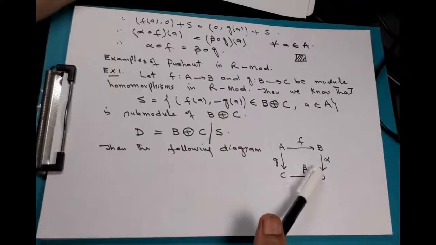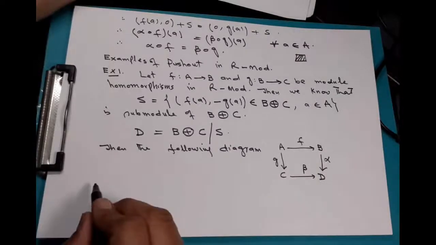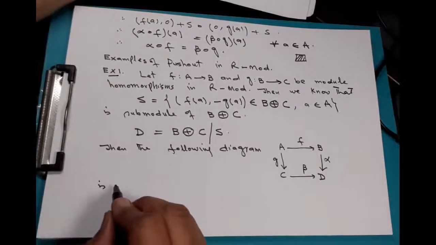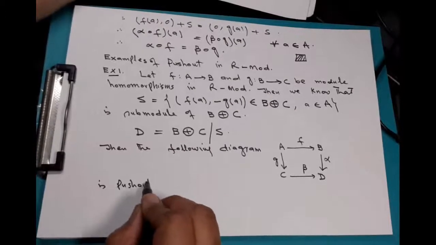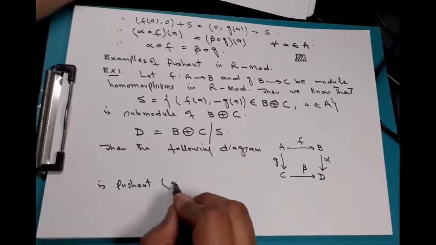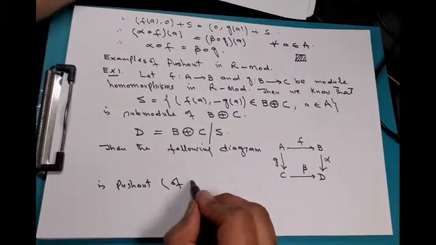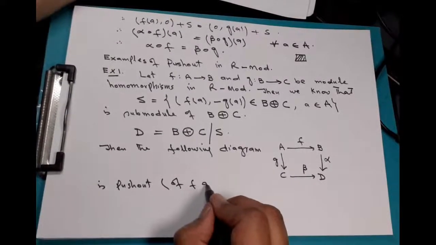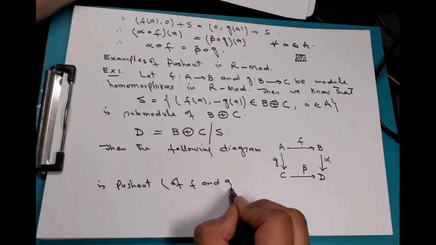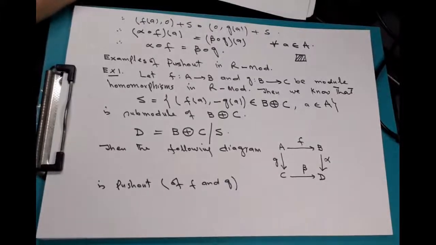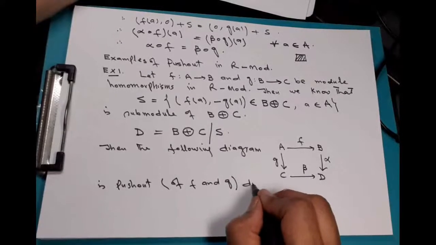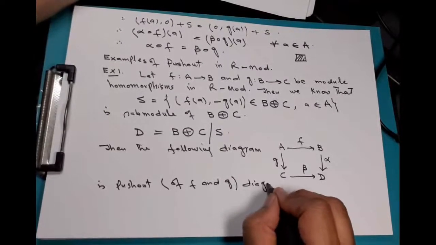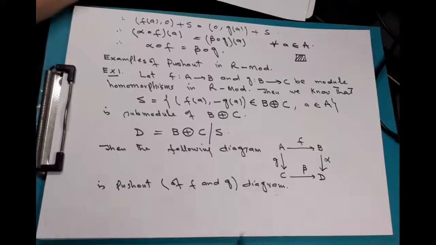Then this particular diagram is the pushout of these maps F and G. So this diagram is a pushout diagram.